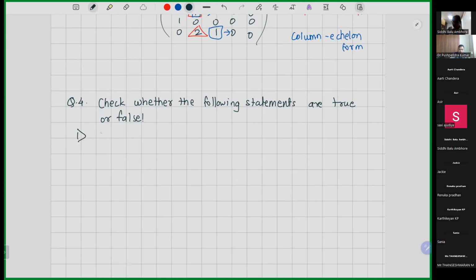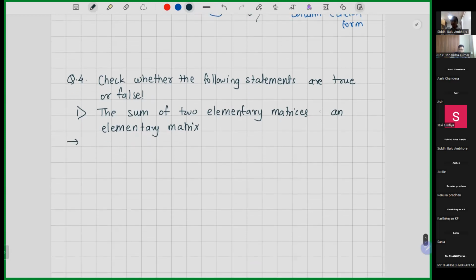So the first question they are asking is whether the sum of two elementary matrices is an elementary matrix or not. Okay, so this is what they are asking.